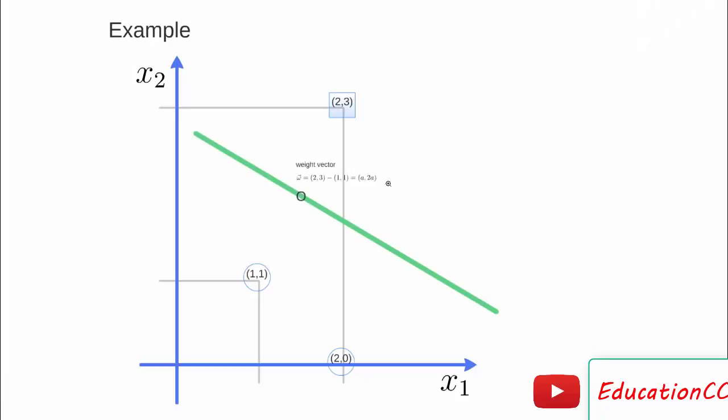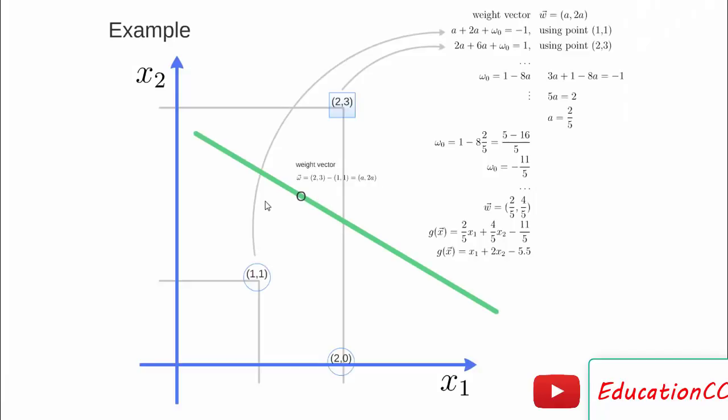We can see clearly from this graph that the best division line will be a line parallel to the line that connects these two values here. So we can define this weight vector, which is this point minus this other point, is exactly this weight point. So we have a constant a and 2 times this constant a.